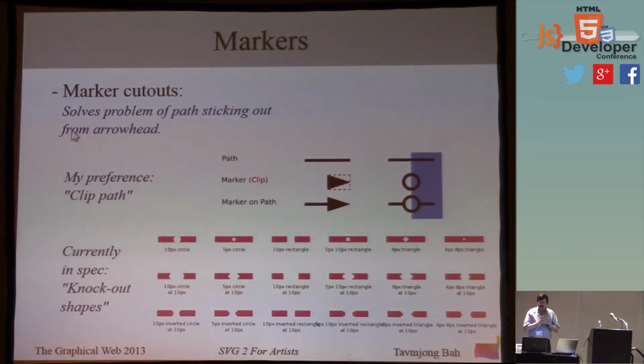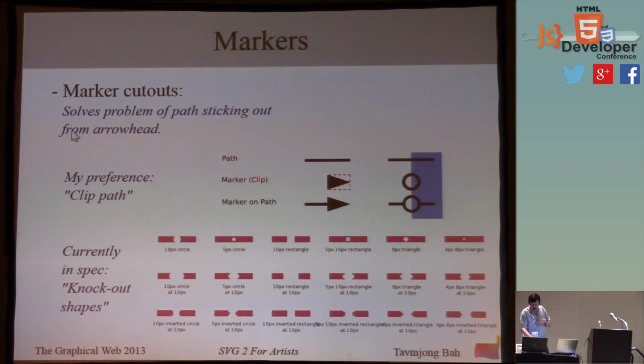Markers. Here's something that's nice: marker cutouts. If you draw a line between 2 particular points, like in Inkscape, you could snap a line between 2 particular points to other shapes, and then you add an arrowhead to the end. Sure, you could have the arrowhead hit the end of the line, but then you have a little bit of that line sticking out, and that's not very nice. So this is already in the spec, to have a clip out region that clips the path.